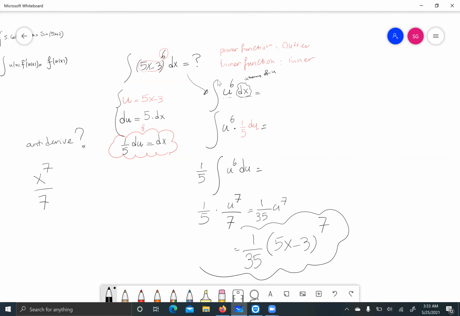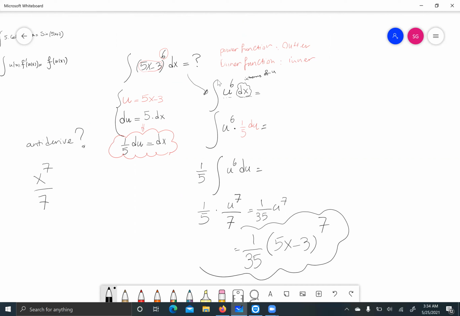This technique is called u substitution. Any time that the integrand is a composition of two functions, one technique we can use is u substitution. And again, the technique is this way. You take the inner function and label it with u.